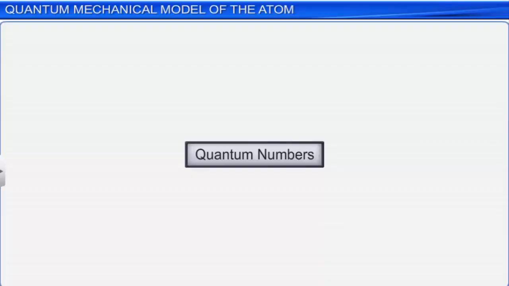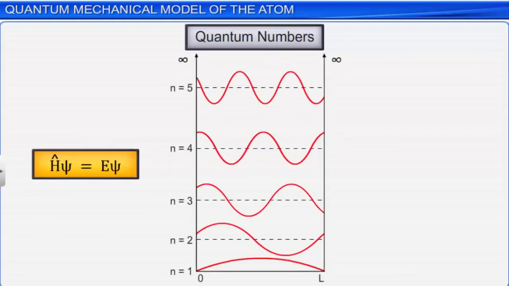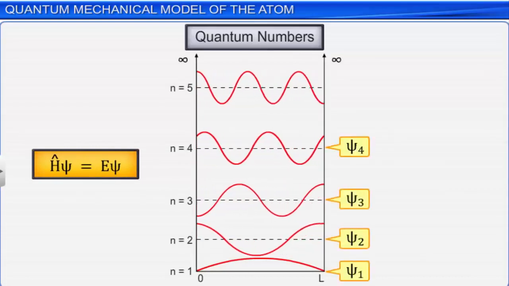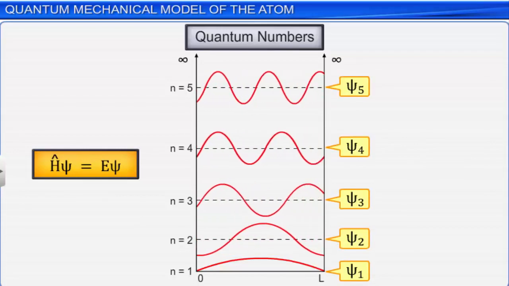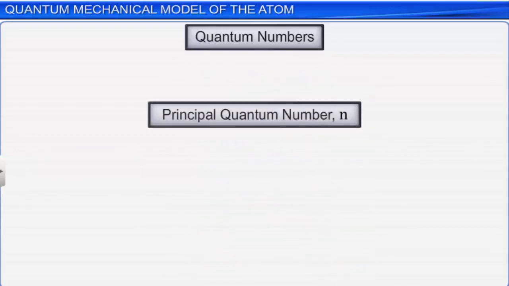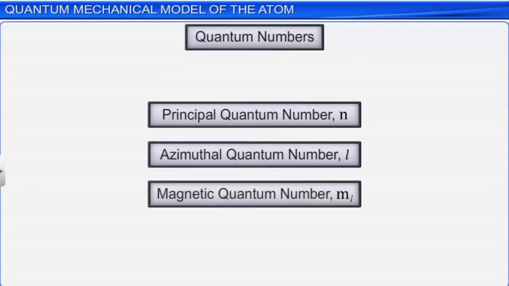Now let us see how the atomic orbitals are distinguished by quantum numbers. On solving Schrödinger wave equation for hydrogen atom, the solution gives quantized energy states and the wave functions which are characterized by a set of 3 quantum numbers, which are the principal quantum number, the azimuthal quantum number, and the magnetic quantum number. An atomic orbital of an atom is characterized by these 3 set of quantum numbers.